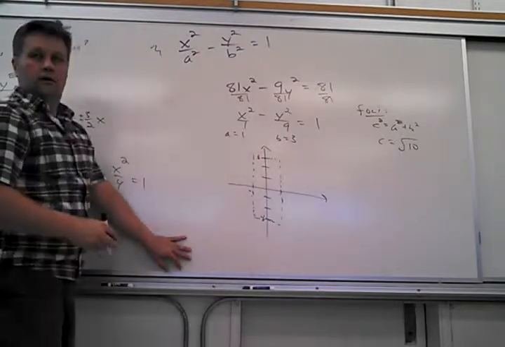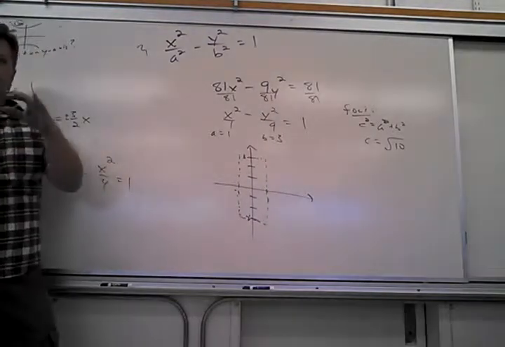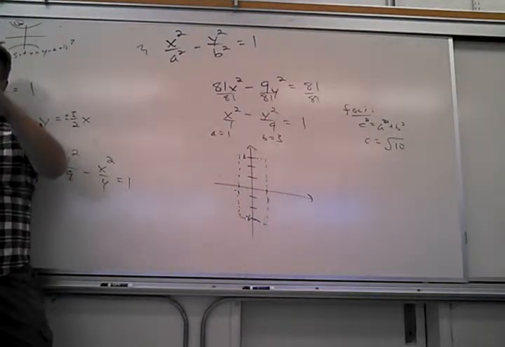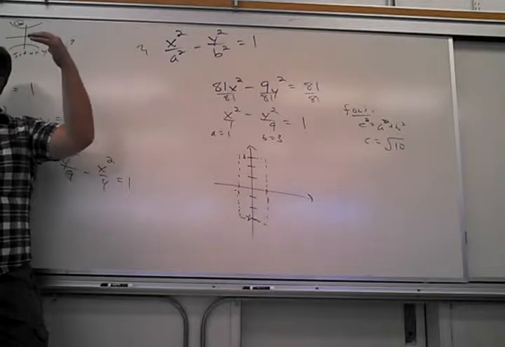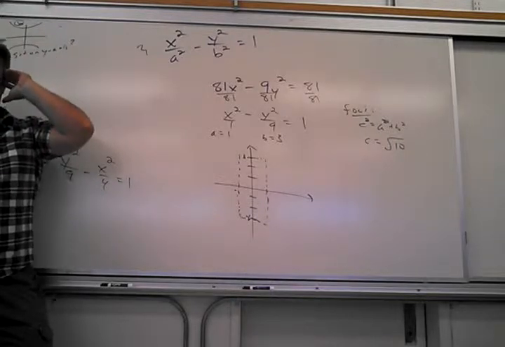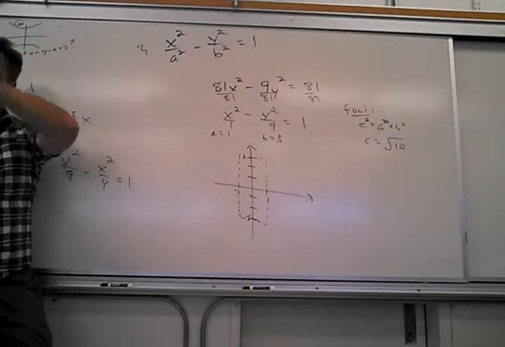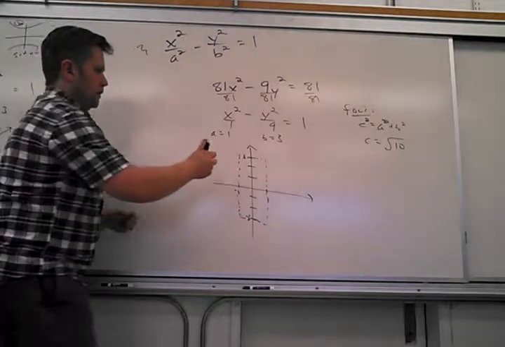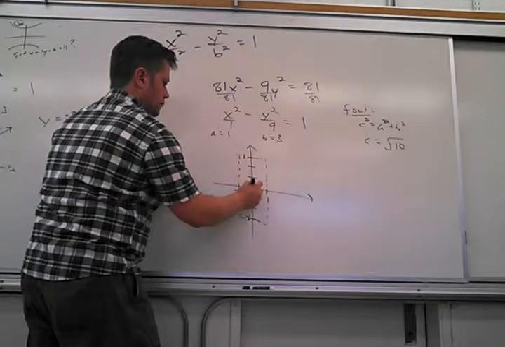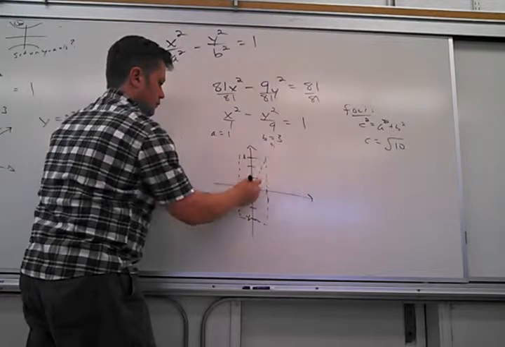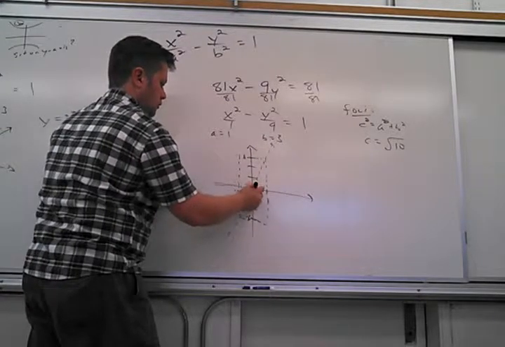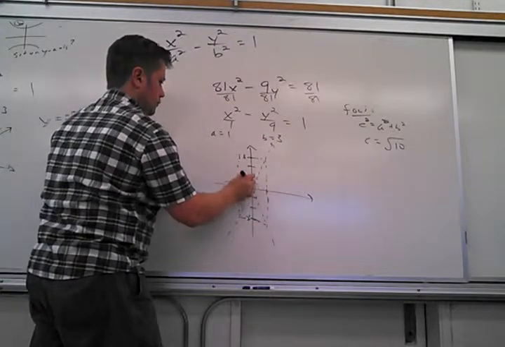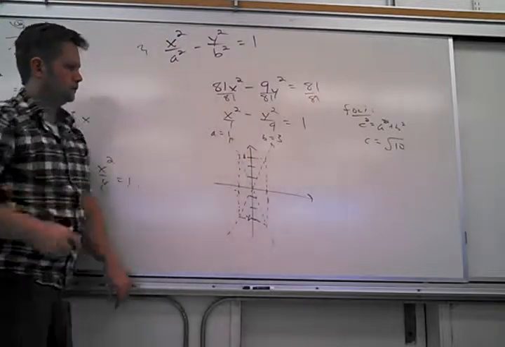Section 11.4 is going to be all about, what if I shift all of these? That's the one that's going to take a little bit of work to talk about the math behind figuring out where things go. But here, I draw in my asymptotes, just straight through the corners. Is that cool? That's all I'm doing, going right through the corners of that rectangle.